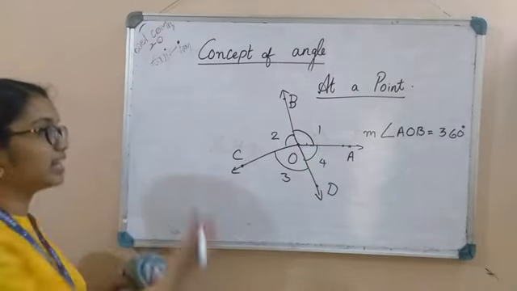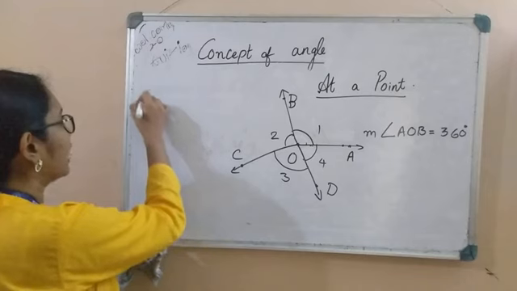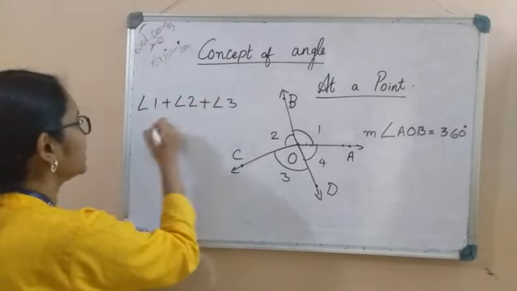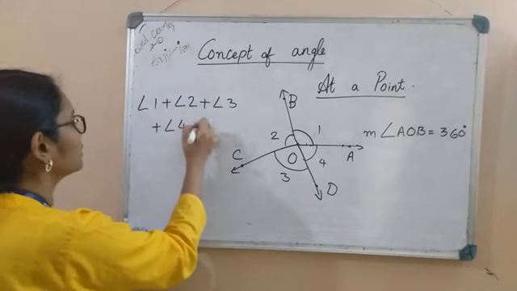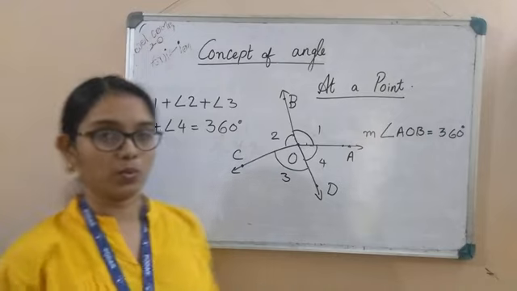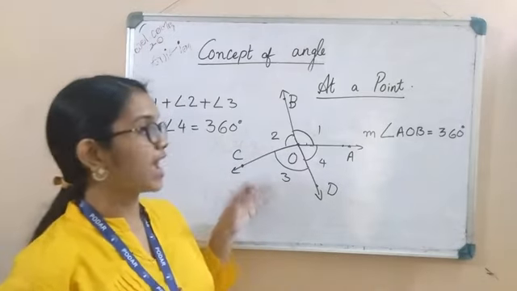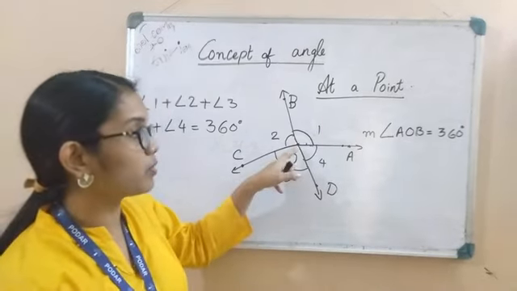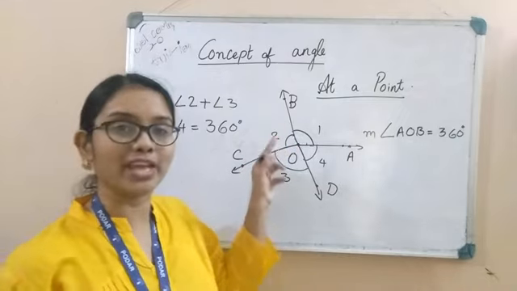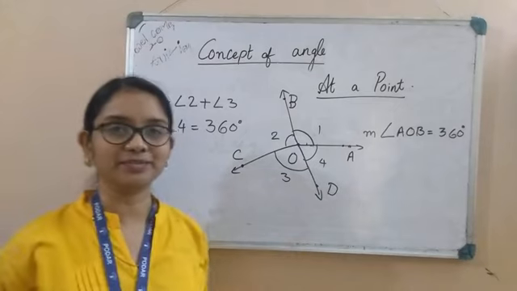So again, angle 1 plus angle 2 plus angle 3 plus angle 4 equals 360 degrees. Whatever the number of angles formed at a point, the sum of all the angles will always be 360 degrees.